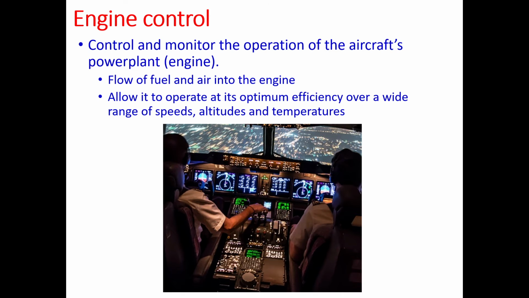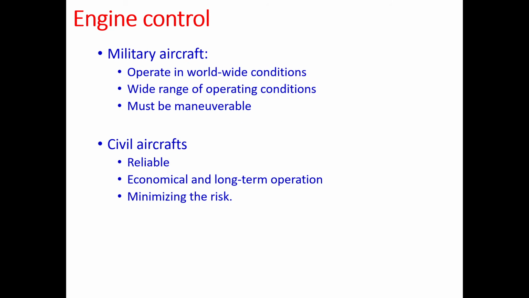And you have to keep in mind that different types of aircraft need different types of control, which we will discuss. They need different types of control philosophy. I'm not talking about the equipment itself, but the philosophy of controlling the aircraft, which we will talk about right here.